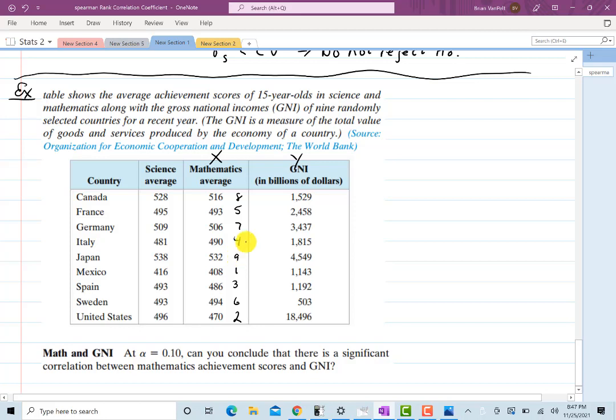Now let me do the same for the GNIs. It's easy to spot number 1. That's very fast. And in fact, I can spot the last one too. The United States has the largest GNI. And now I have to just start putting in my numbers 2 through 8. So it looks like 1143 gets a 2. Let me see, the 1192 looks like the next one.